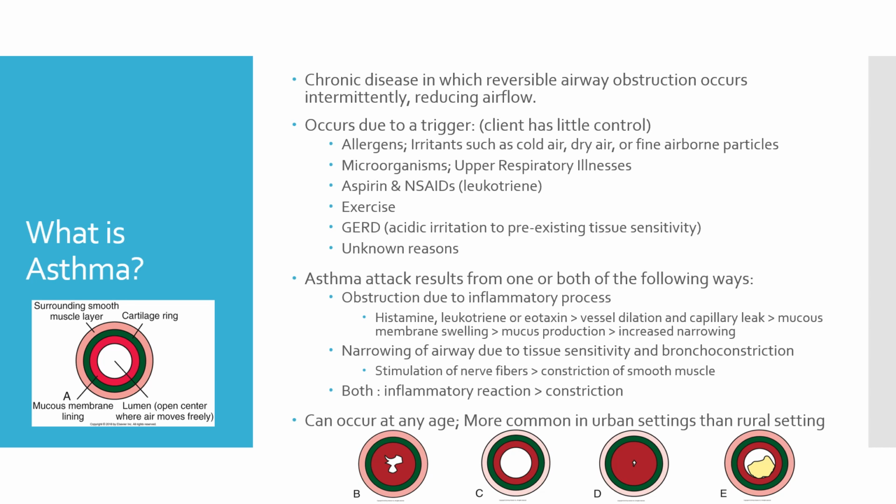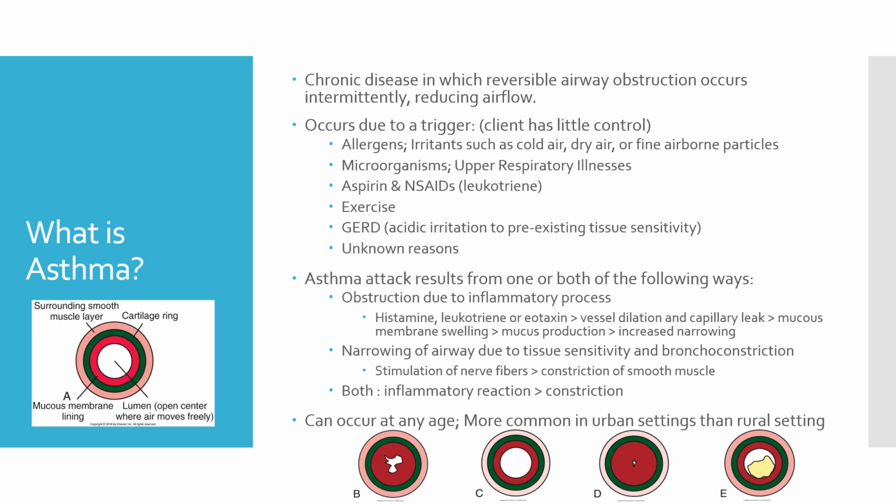Now, asthma is usually due to a trigger, and these triggers clients have little control over. It can be an allergen or an irritant, such as cold air. They just walk into a building, the air is too cold for their lungs to react appropriately. Essentially, asthma is an overreaction to an allergy.